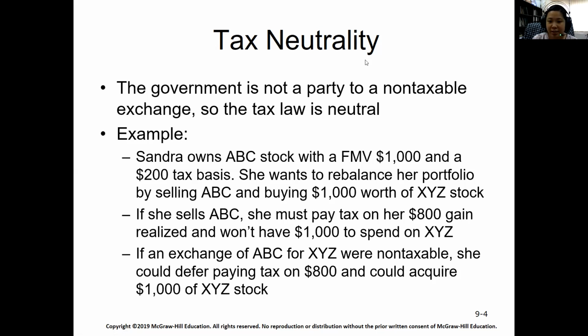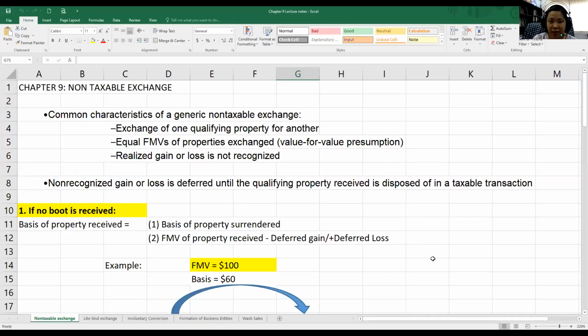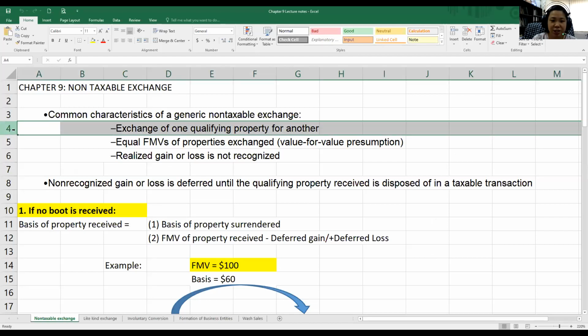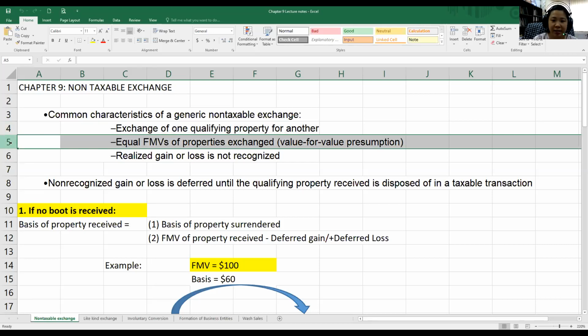Now, there are some common characteristics for the non-taxable exchange transaction. The first characteristic is the exchange of one qualifying property for another. And the second one is that the properties of the exchange should have the same fair market value.